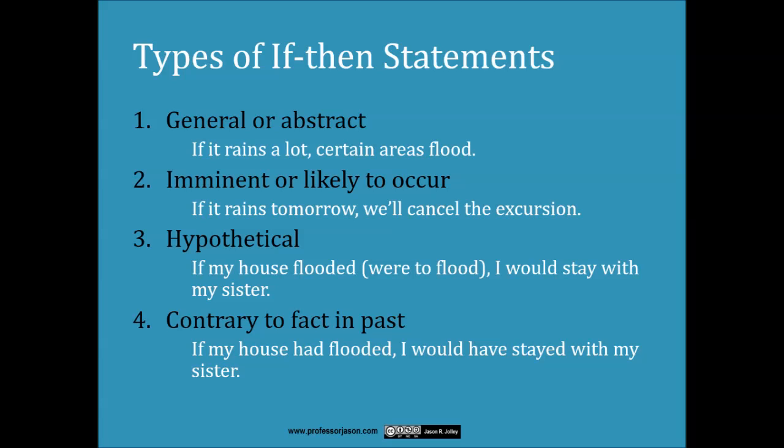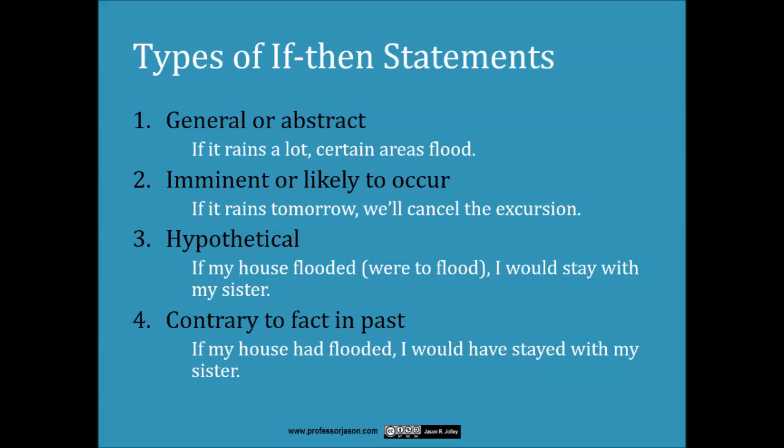A third kind, and slightly more complicated, are if clauses that introduce hypothetical conditions, but in the present tense or an undefined kind of time frame. If my house flooded, or it's hard to hear that subjunctive mood in English, if my house were to flood, hypothetically, if my house were to flood, I would stay with my sister.